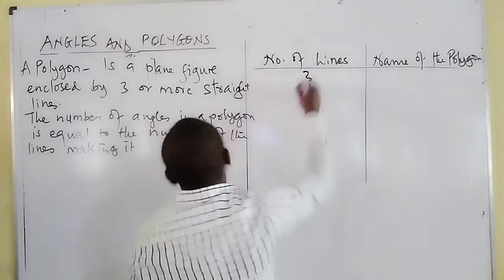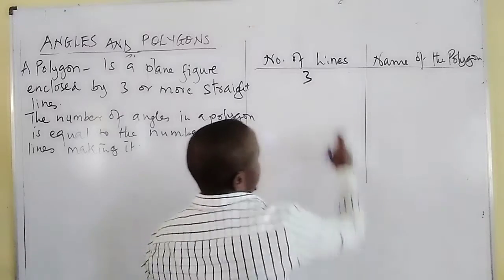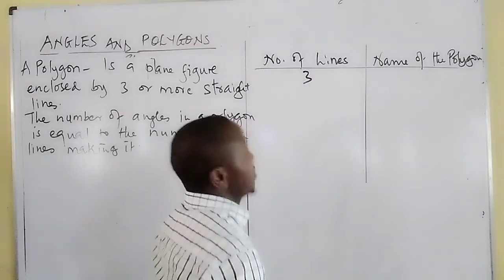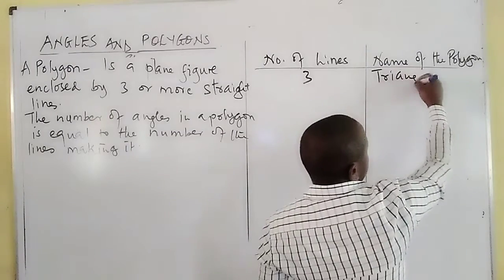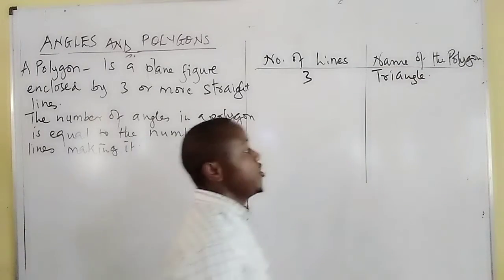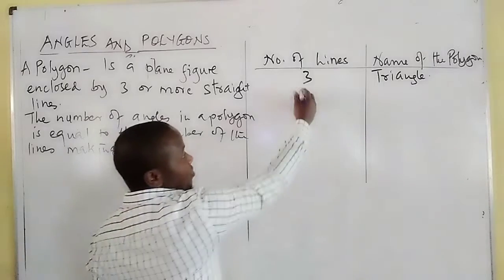Therefore, three lines form a polygon called a triangle.